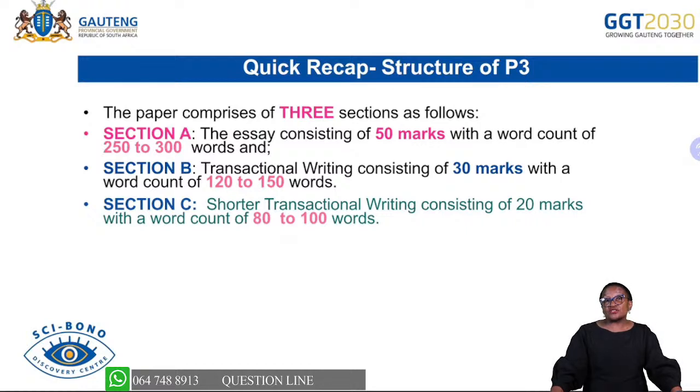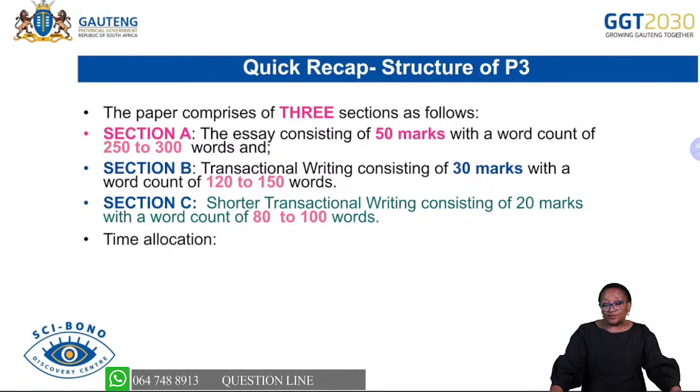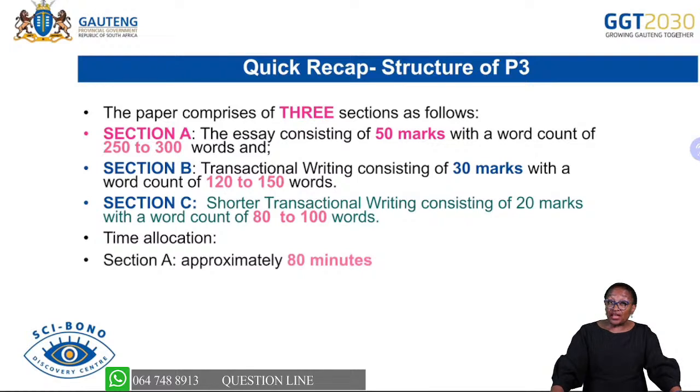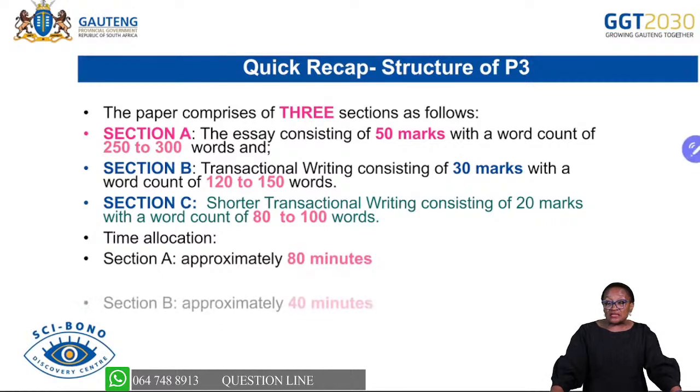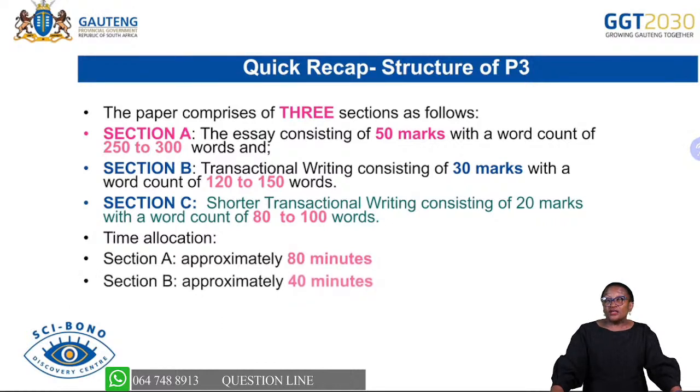Each of these sections is given different time. Let's have a look at the time allocation then. For section A, you are expected to spend approximately 80 minutes. For section B, you are expected to spend approximately 40 minutes.